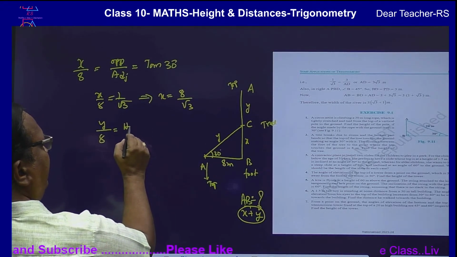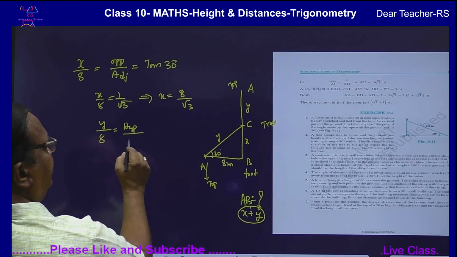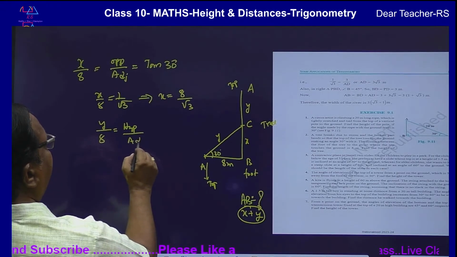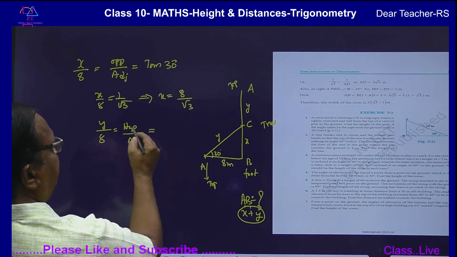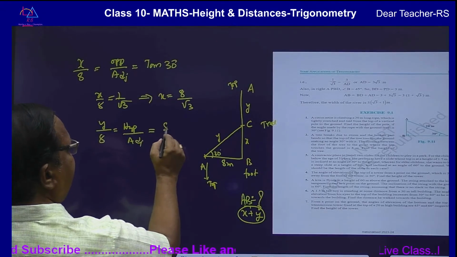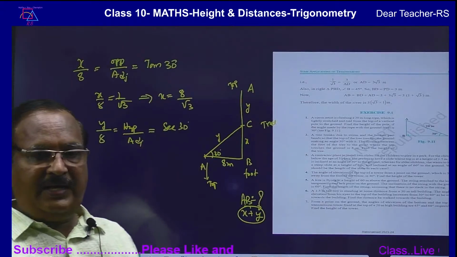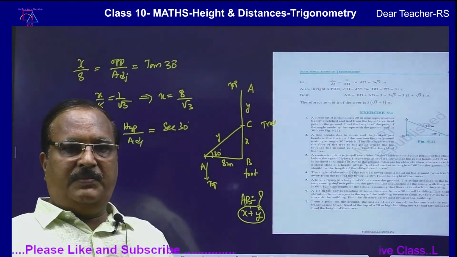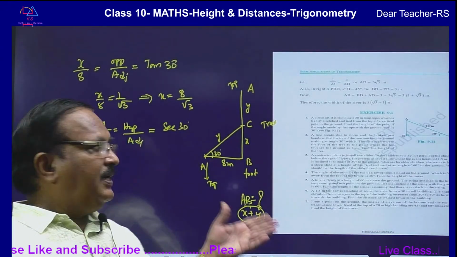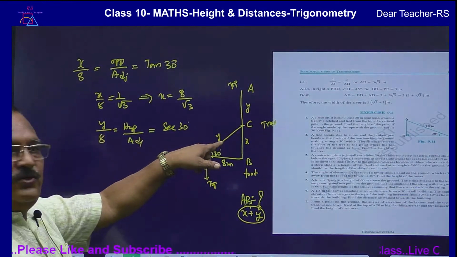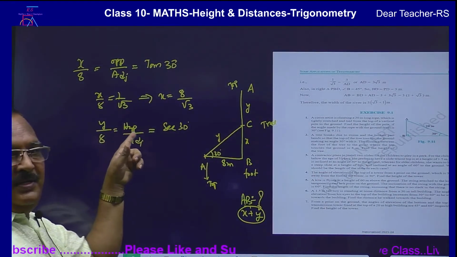And then y upon 8, which is equal to hypotenuse by adjacent side, which is nothing but secant 30 degrees. Okay, you can write cos also, but here I am writing secant, because whatever is needed to find out, I am writing at the top.